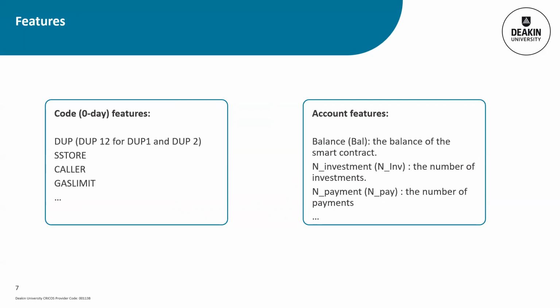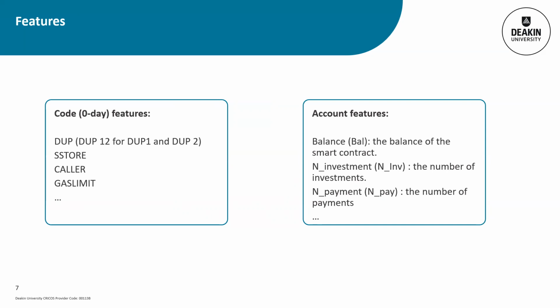Then the frequency of each opcode in the contract will be counted and stored in the database. We merged the frequencies of some opcodes in the same categories into one, such as DUP1 and DUP2 into one DUP12 feature.